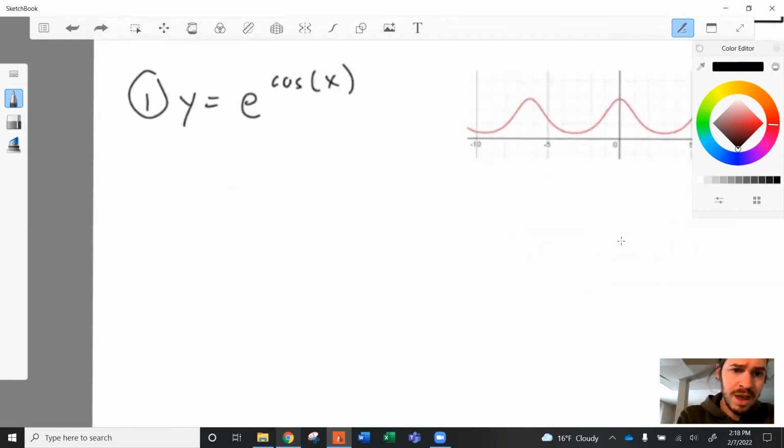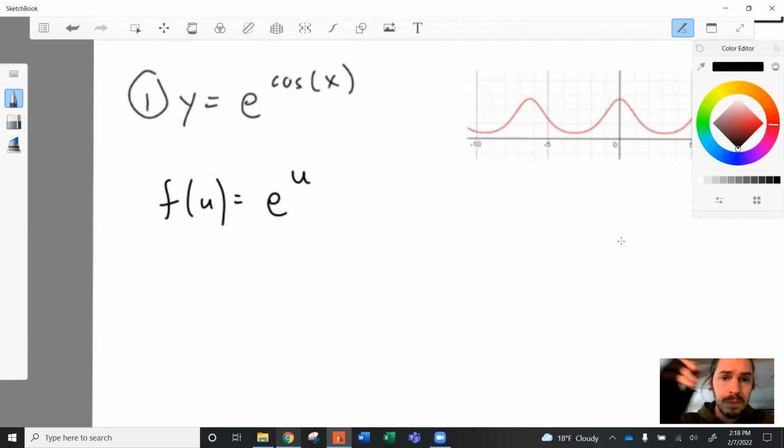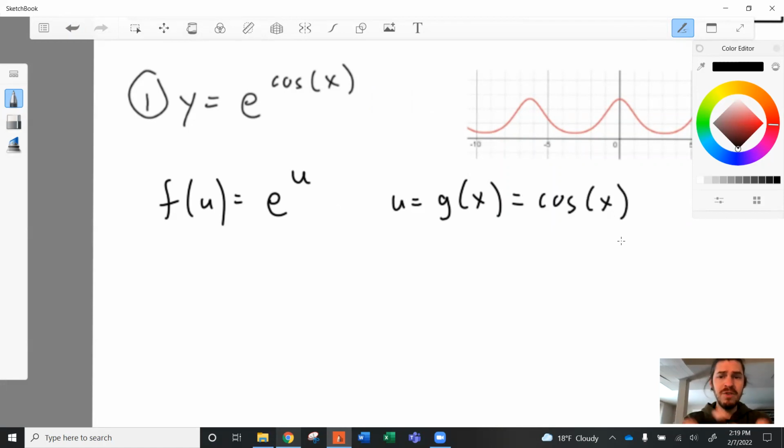In this case, my f of u is going to be e to the power u. You can see how if you replace the u with cosine of x, where u equals g of x, you would get this. So there's our outer function, inner function.